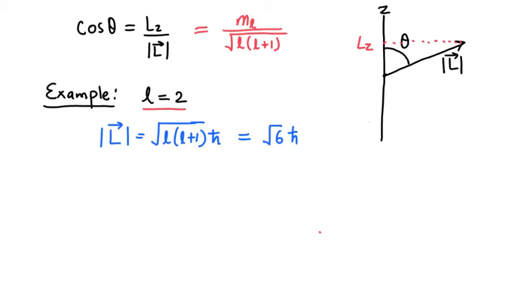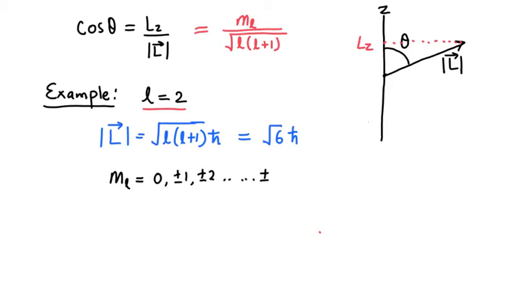Now, if the angular momentum quantum number l is already given in a numerical problem, then all we have to find is the magnetic quantum number m_l, which can take values 0, plus minus 1, plus minus 2, all the way up to plus minus l.